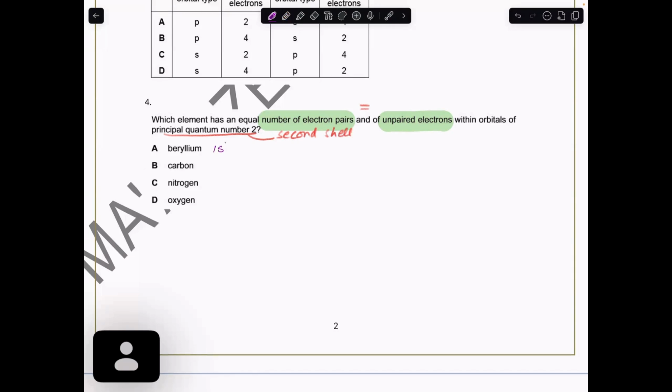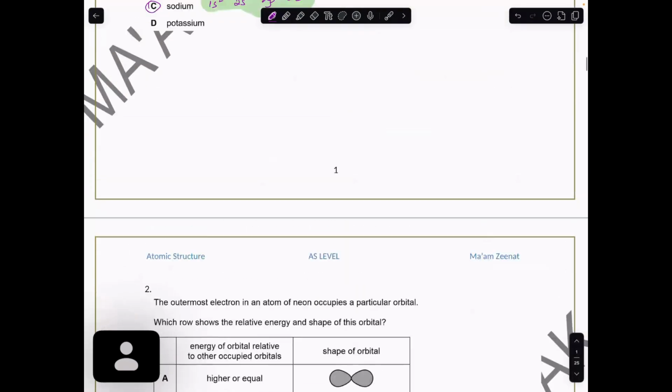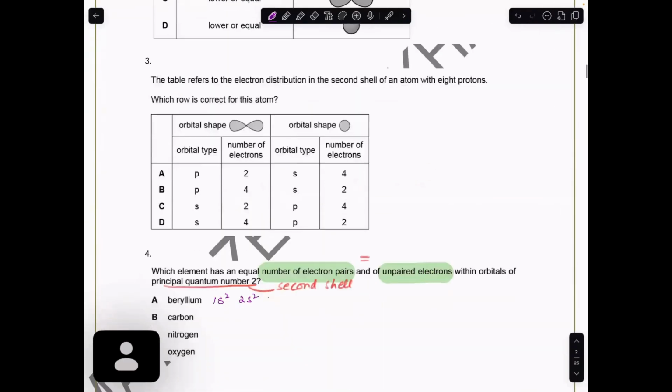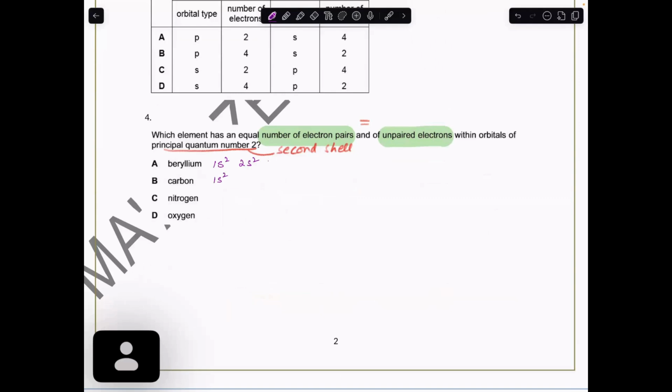So beryllium, you know, is 4: 1s2, 2s2. Carbon is 6: 1s2, 2s2, 2p2. Nitrogen, 7: 1s2, 2s2, 2p3.